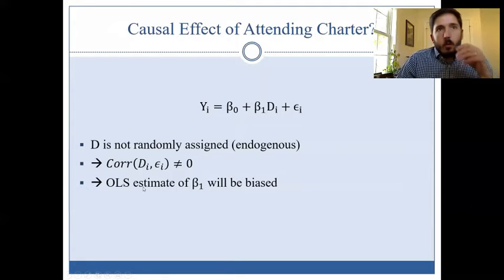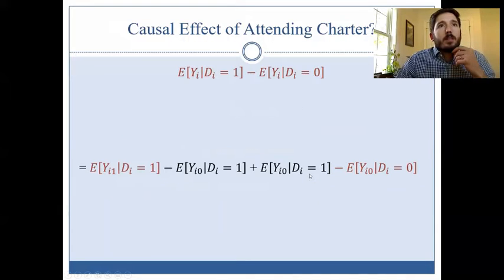Okay, so we can't just take a regression here and look at beta 1 and say that's the effect of attending a charter school, right? Because that's going to be biased because of this selection. So here we have our setup from before, where we're looking at the outcome. Here we have the observed outcome on average for the treated group, the students that attend, minus the average score for students that don't attend, right?